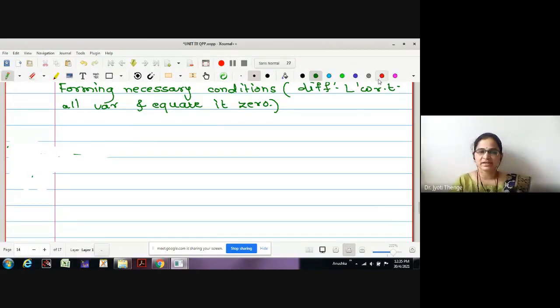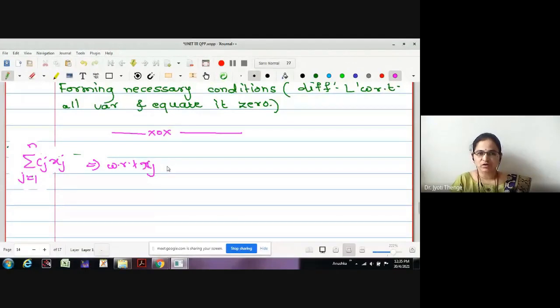I'll take another color pen and explain the derivatives first. First term is summation cj xj, j equals 1 to n. What is its partial derivative with respect to xj? If I differentiate, what will happen?